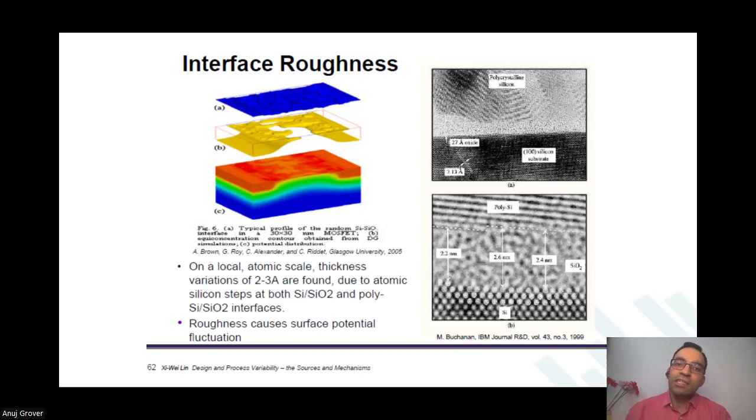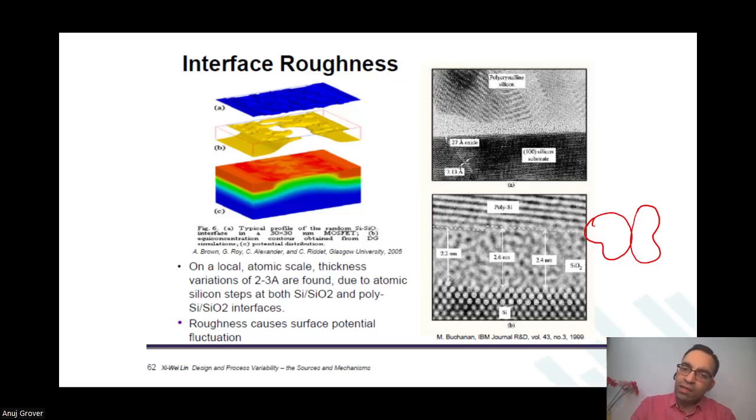Another random effect is interface roughness. What does that mean? See, finally, you grow silicon dioxide, let us say. At some places there are 3 molecules of silicon dioxide, at other places there are 4 molecules. At some places a molecule is placed in a particular manner, at other places in a different manner. So what happens?